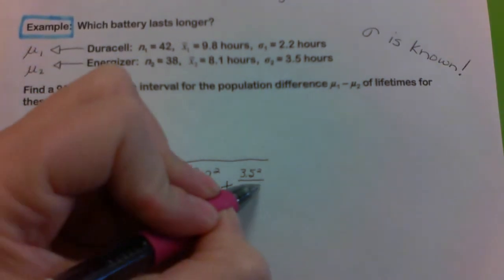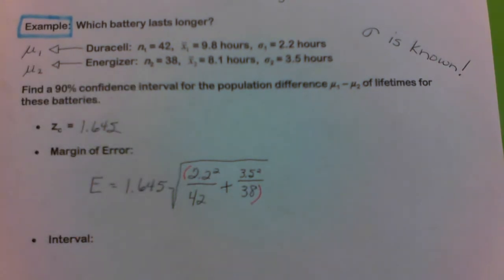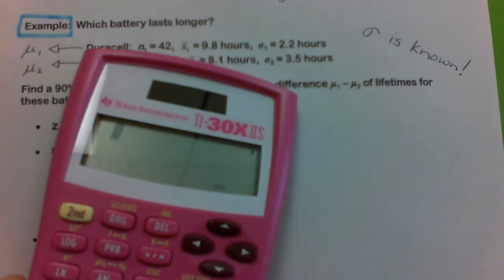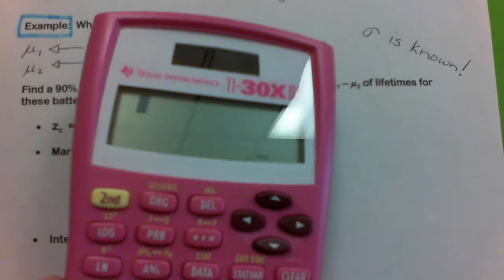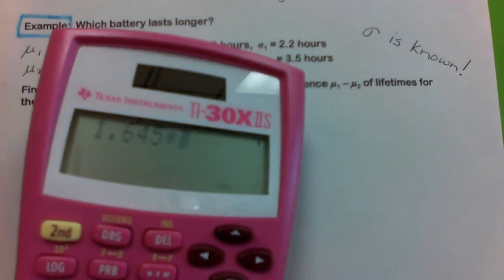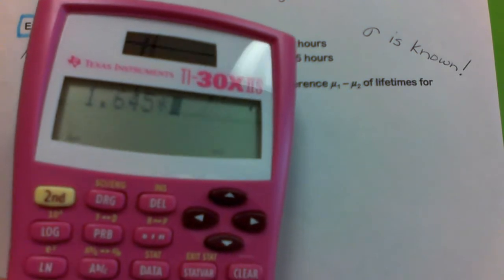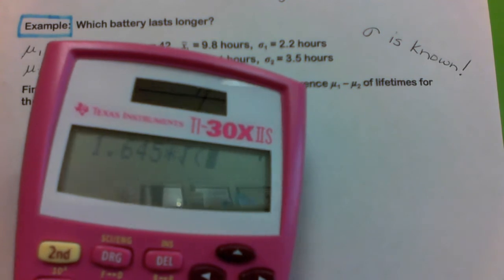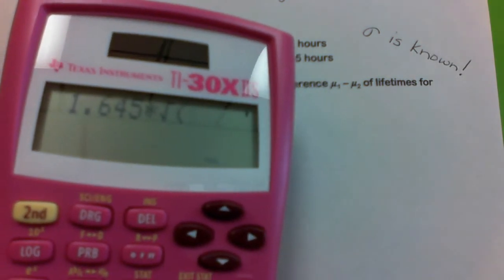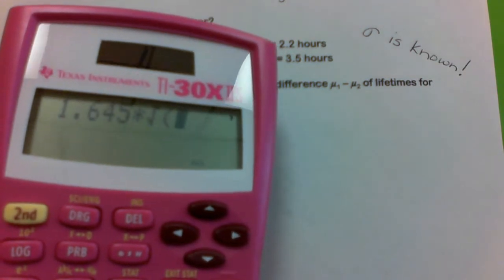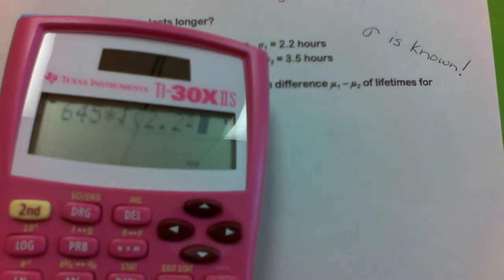Now, in your calculator, here's the only place that you need parentheses. So let me see if I can show you on the calculator how to do this. 1.645 times the square root, which is second x squared. Mine automatically opens up a parenthesis. If yours doesn't, be sure and do so. Then you're going to push on your calculator 2.2 x squared.